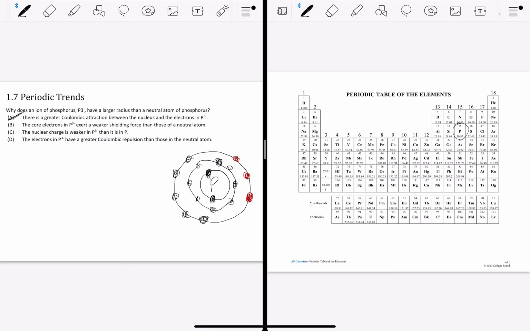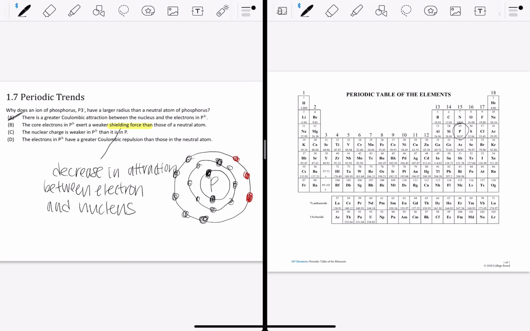B. Core electrons in P3- exert a weaker shielding force than those in the neutral atom. That is also not true because shielding force means a decrease in attraction between electron and nucleus.